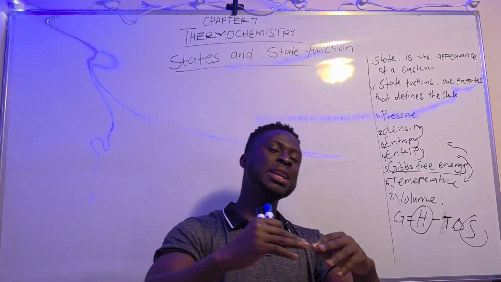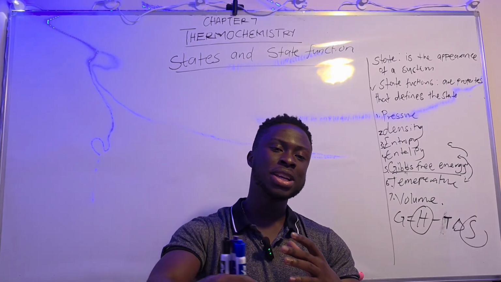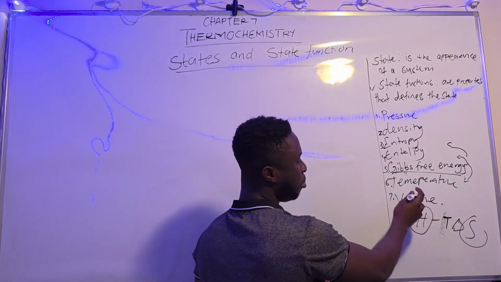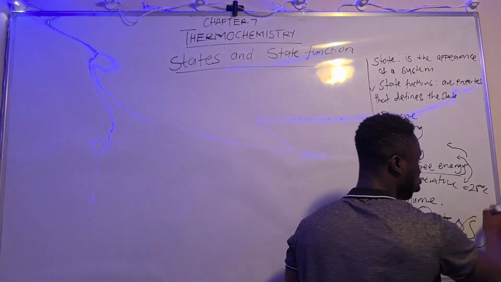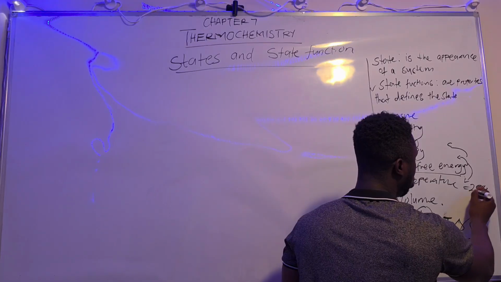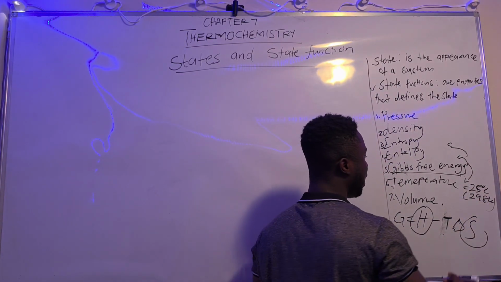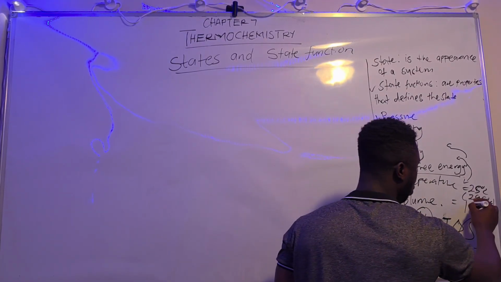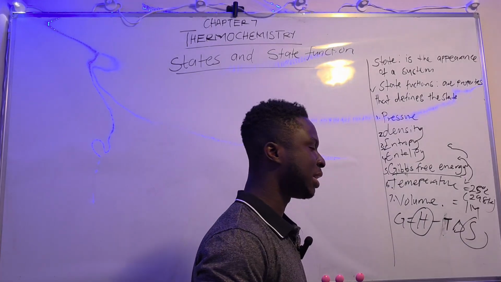When scientists made that gold standard, they called it standard conditions. The standard condition for temperature was 25 degrees Celsius or 298 Kelvin. For concentration, if it is a reaction, it has to be 1 molar, which is 1 mole per liter or 1 mole per decimeter cubed.